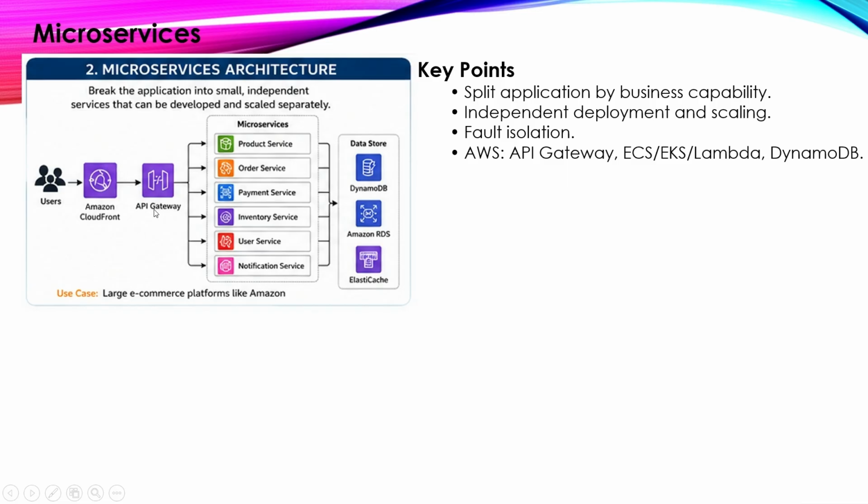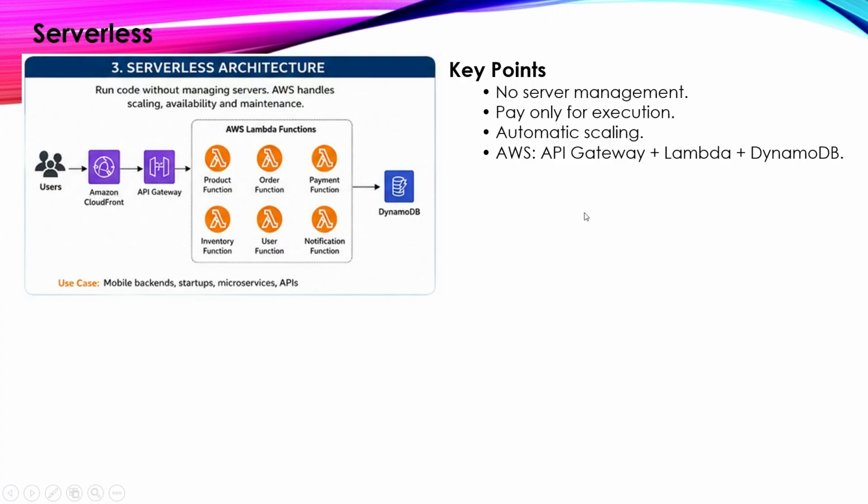The request goes to the API Gateway, and then the API Gateway calls the different microservices, Lambda functions or other services, and then the database side and other components, right? This microservice architecture pattern breaks the application into small independent services that can be developed and scaled separately, so a large platform can handle this kind of workload. You are able to divide your application as well. So this is the microservice architecture pattern.